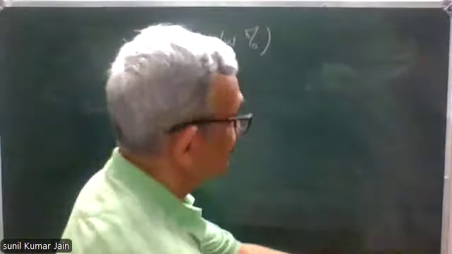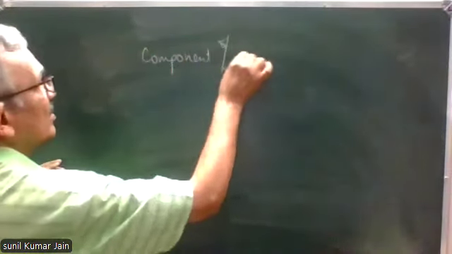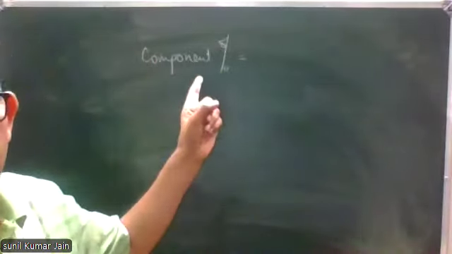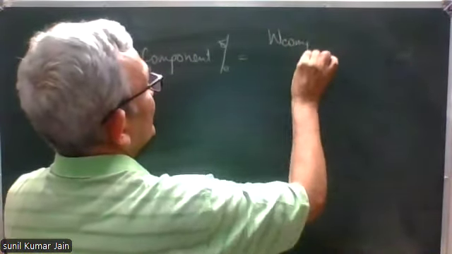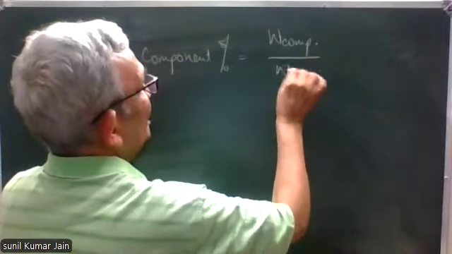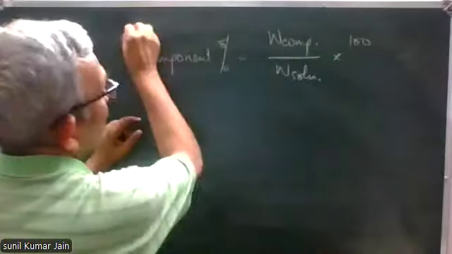Now write down the formula. Component percent is equal to weight of component divided by weight of solution into 100.